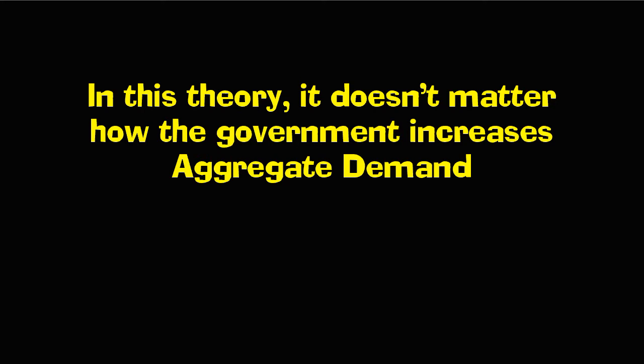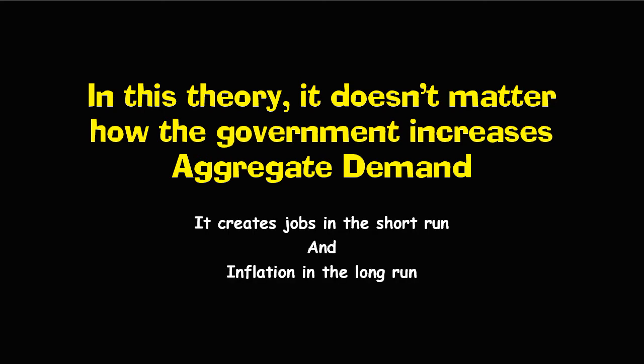Because they're sticky wages, we get a connection between the nominal values and the real values. So nominal things can affect real things in the short run because we're sticky. Once we get done being sticky and we're not sticky anymore, the nominal becomes separate from the real, and we end up with inflation. Okay? So, an increase in aggregate demand creates jobs in the short run and inflation in the long run. That's aggregate demand and supply.